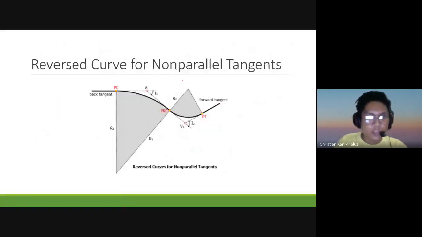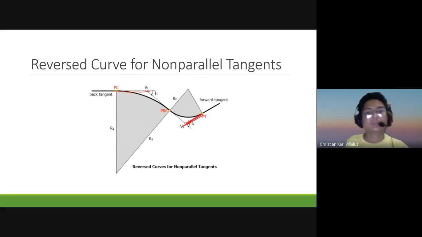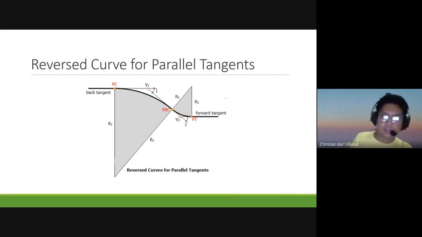So, there are two types of reverse curve. Una, yung non-parallel yung tangents. So, if the back tangent is this one, hindi siya in line with the forward tangent. The second type is the reverse curve with parallel tangents. So, ito yung parallel tangents natin. Yung back tangent and forward tangent, parallel sila.